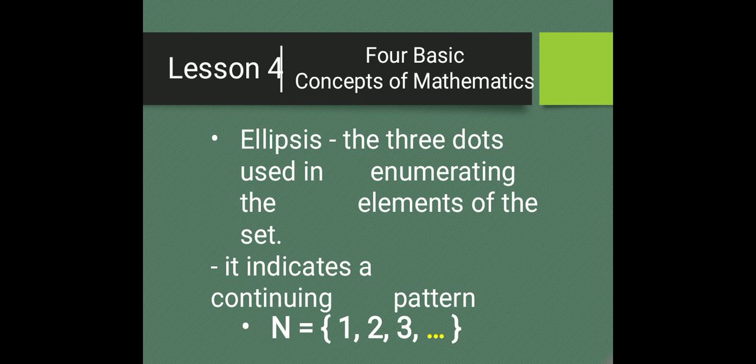So, gagamit tayo ngayon ng ellipsis para malaman na nagko-continue yung pattern ng numbers which are the natural numbers. Okay, say for example, N is the set of 1, 2, 3, until infinity. At yan yung ellipsis, yung 3 dots used in enumerating the elements of the set. And it indicates a continuing pattern. Okay, next one.